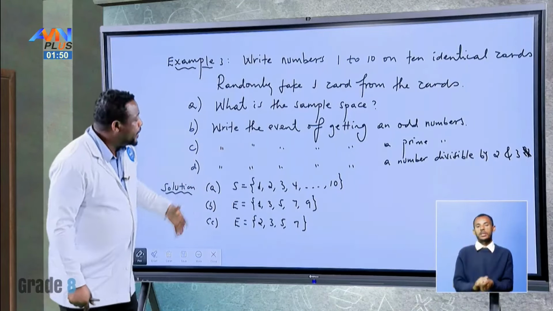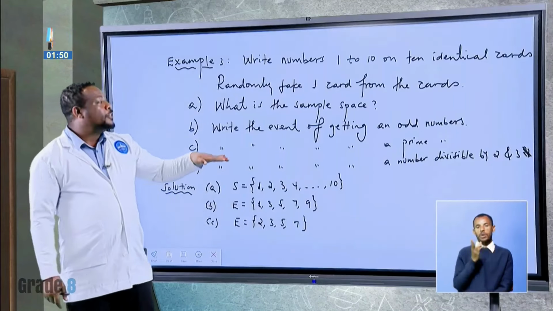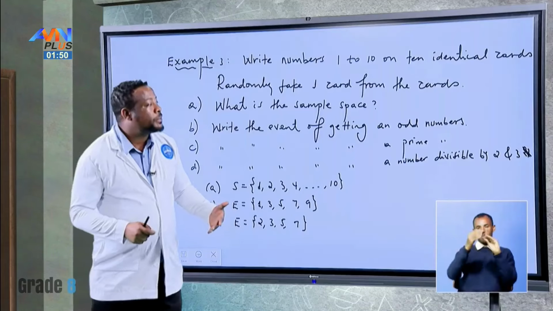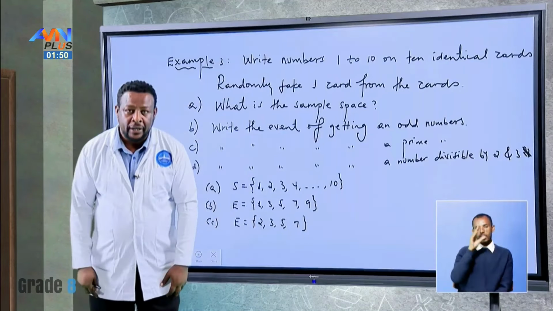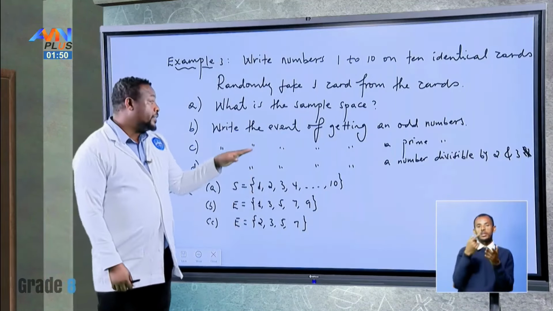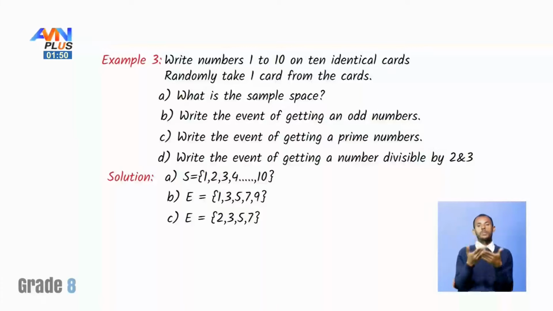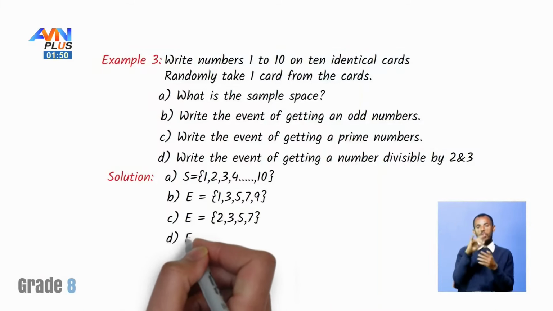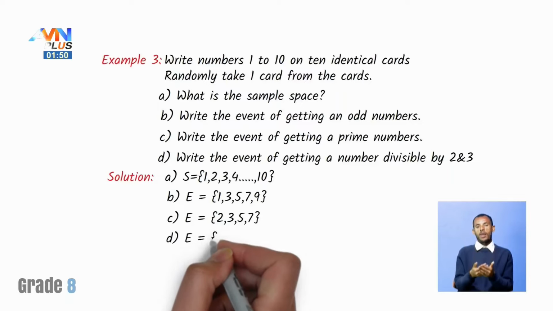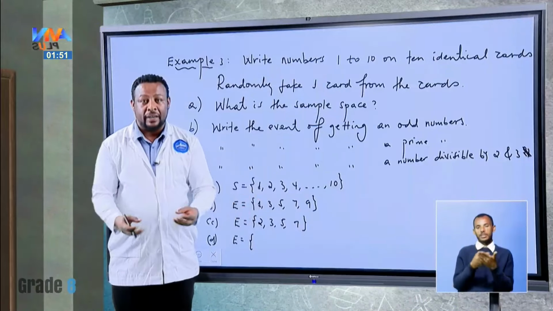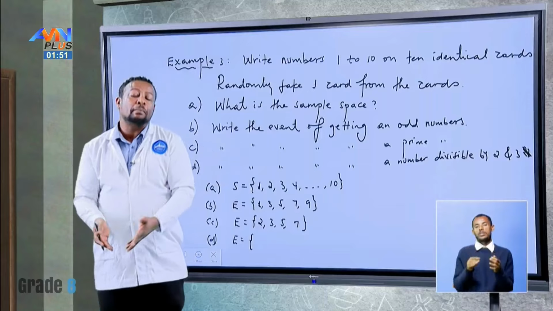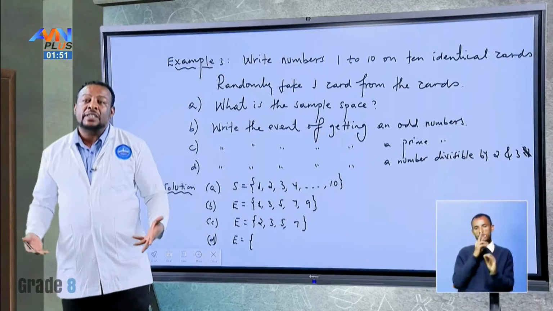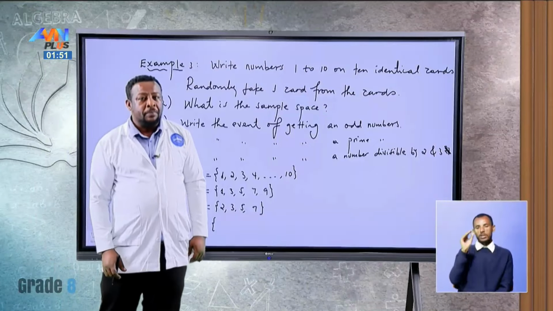And lastly, we are asked to list out the event of getting a number divisible by 2 and 3. To answer question D, you need to list out all the numbers. In fact, this is finite and very small, so you can list out all the numbers and observe which of them are divisible by 2 and 3.